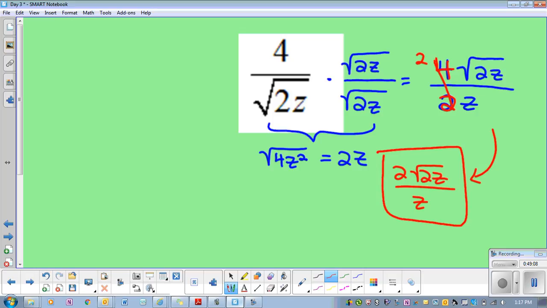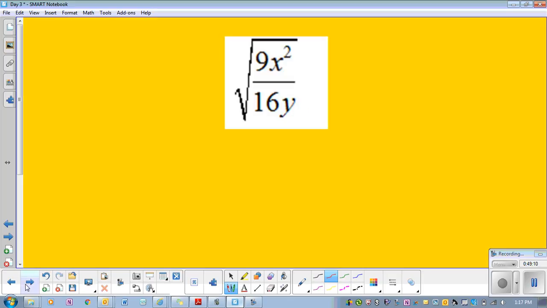All right, let's try the last one. Okay, this one. Can you simplify 9 over 16? No, I mean just a fraction. Okay, so let's split this up because it's a fraction inside a square root, right?